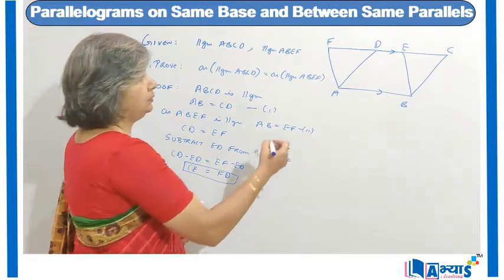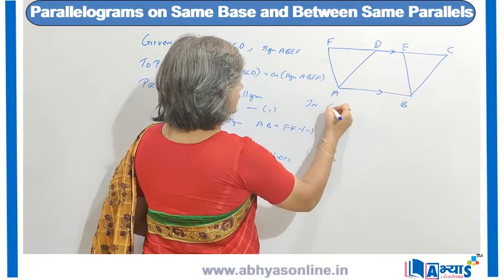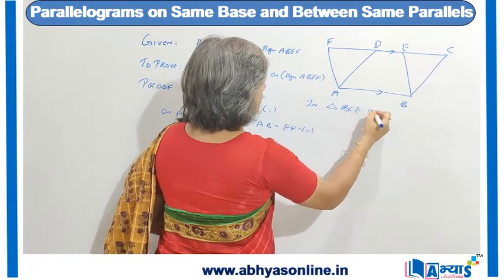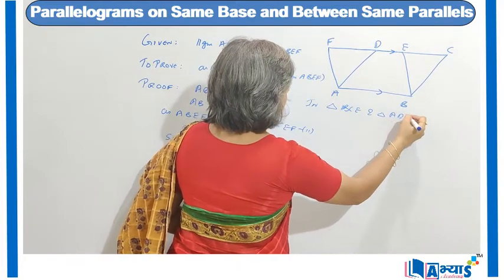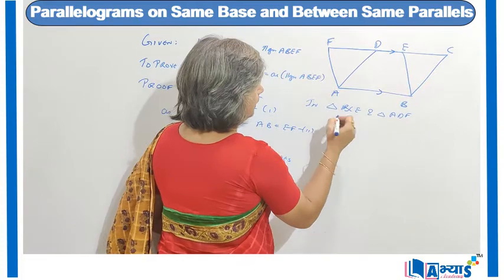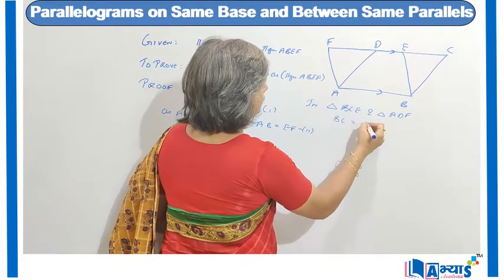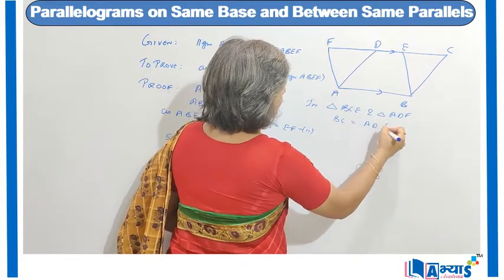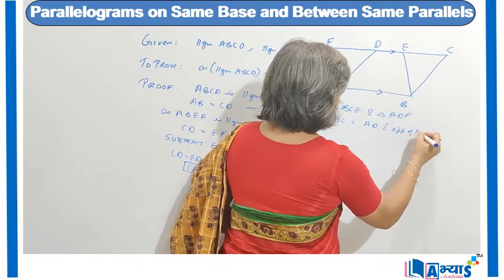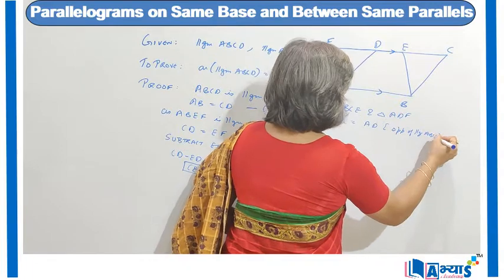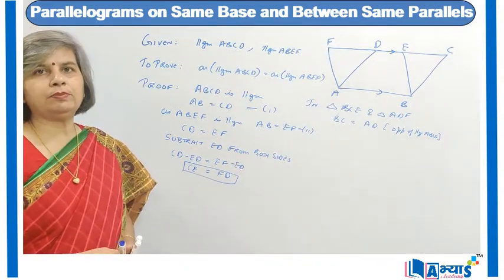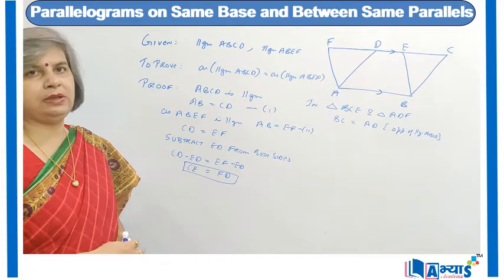Now in triangle BCE and triangle ADF, we know that BC is equal to AD, opposite sides of parallelogram ABCD, because we know that ABCD is a parallelogram and BC and AD are the opposite sides of the parallelogram and they are equal.